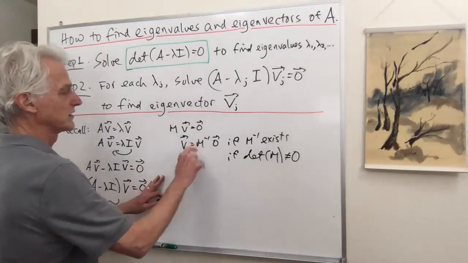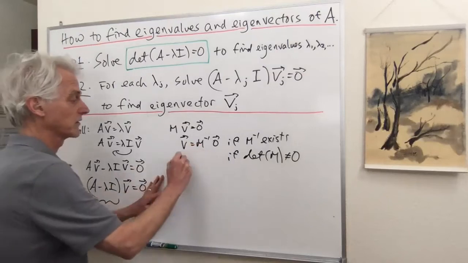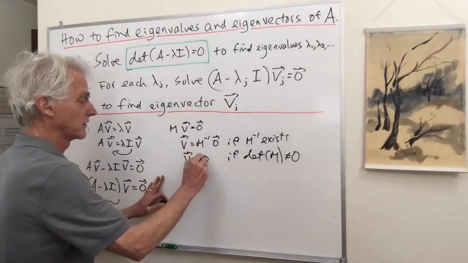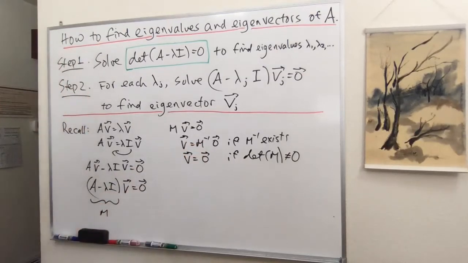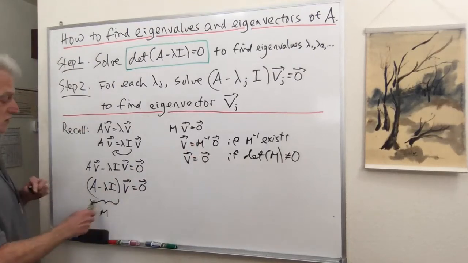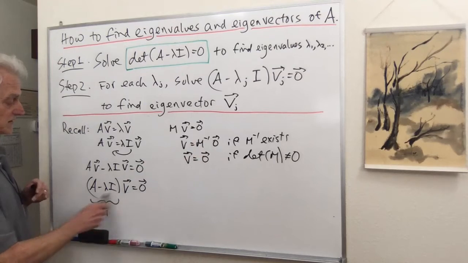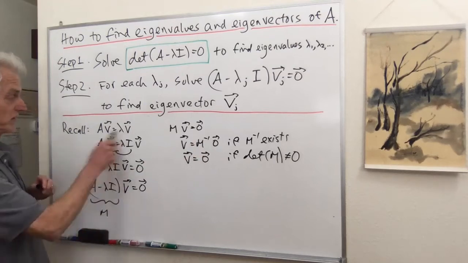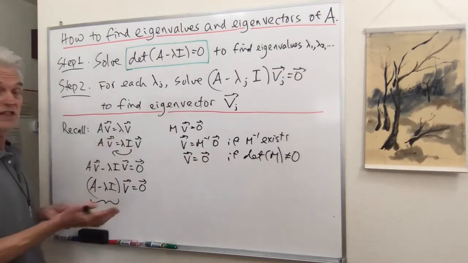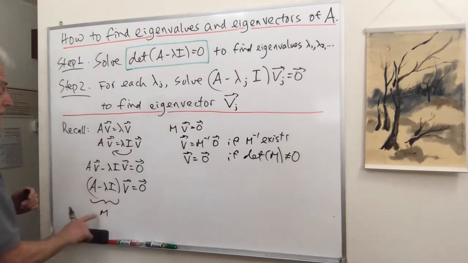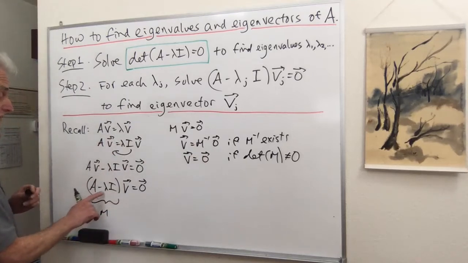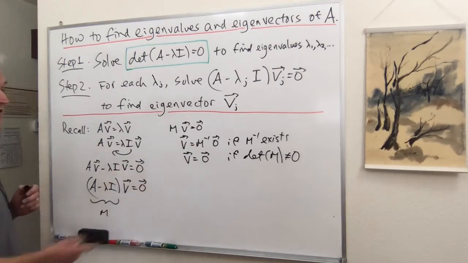So this matrix times a 0 vector is the 0 vector. So the only solution to this equation, or equivalently this equation, is V equals 0 if the determinant of A minus lambda I is non-zero.